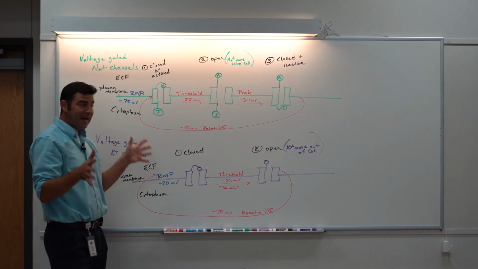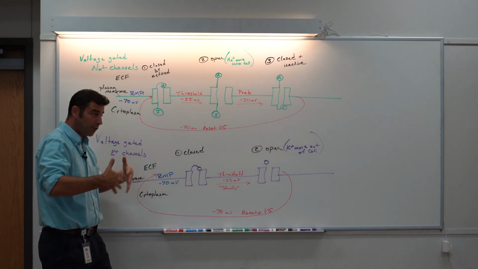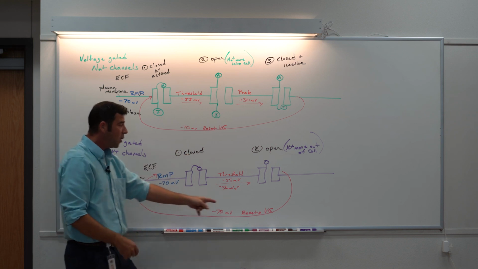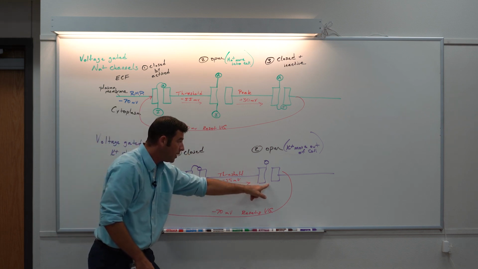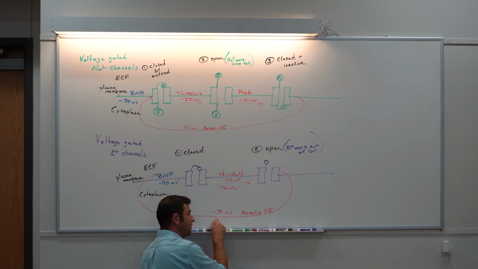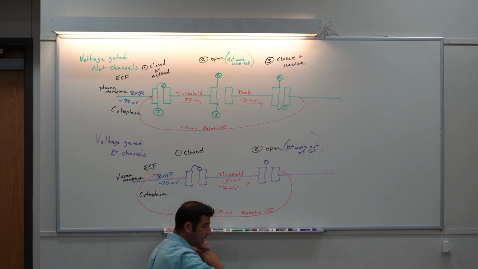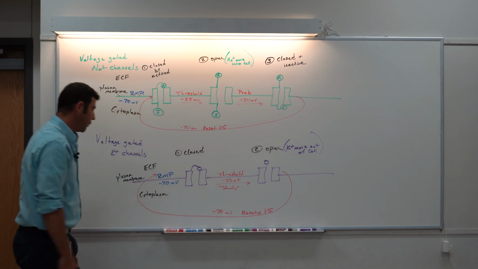If there are so many potassiums outside the cell that it makes it difficult for potassium ions to leave when these voltage-gated channels are open, what happens there is that cells fail to reach this negative 70 millivolts. And if voltage-gated channels can't reset, then instantly neurons fail to communicate with one another. And again, it leads to systematic body-wide failure.